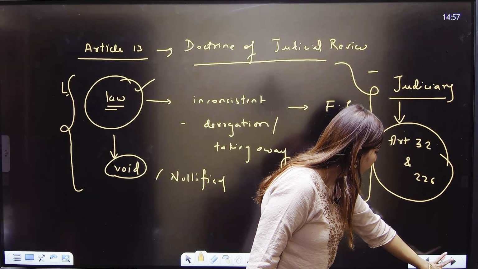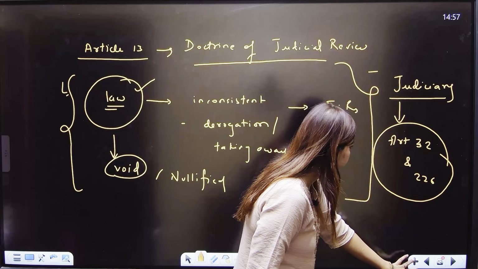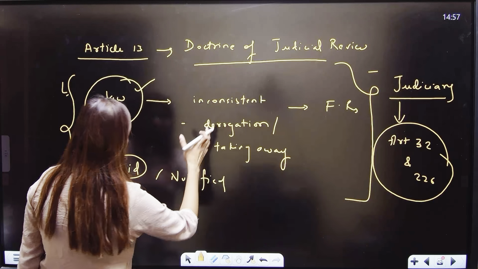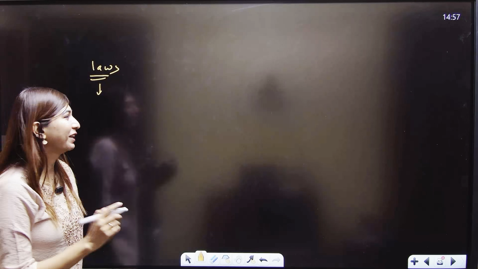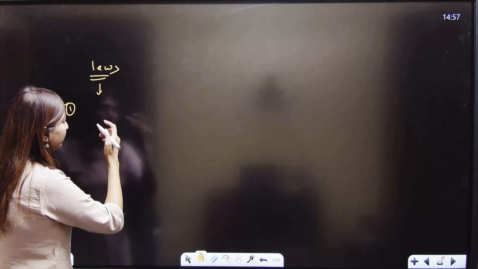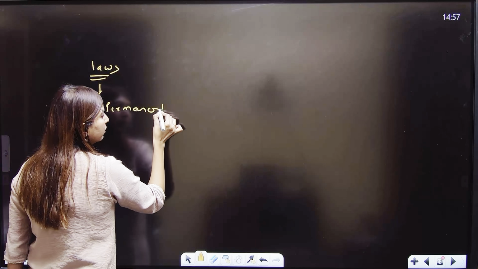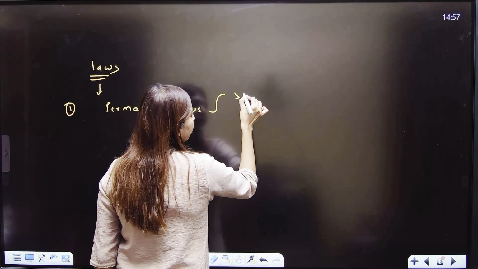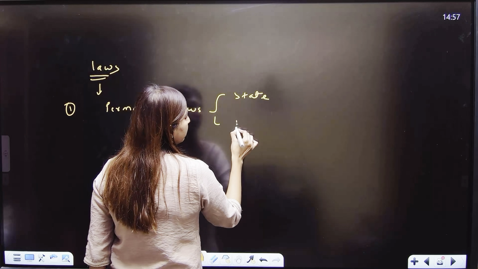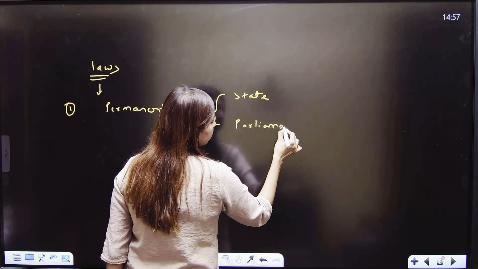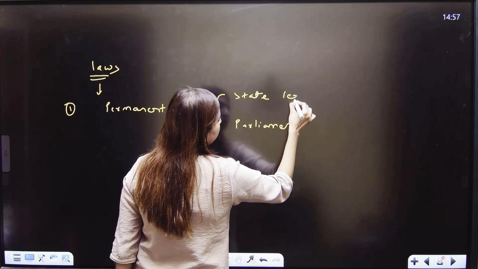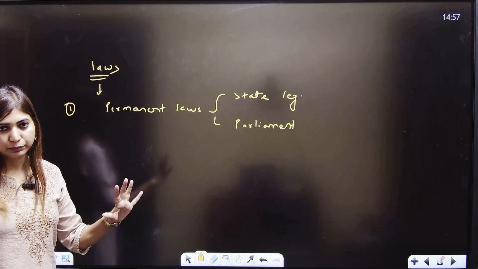Now we have to see law. What is law? It has to be defined again, okay. So here again there are some types. First of all, permanent laws are there. They are made by the state legislature or Parliament, by Act, okay, fine.